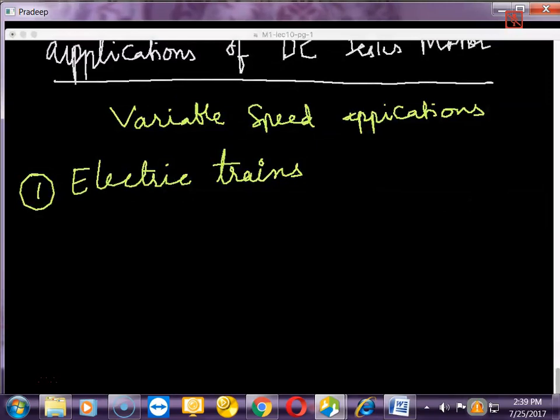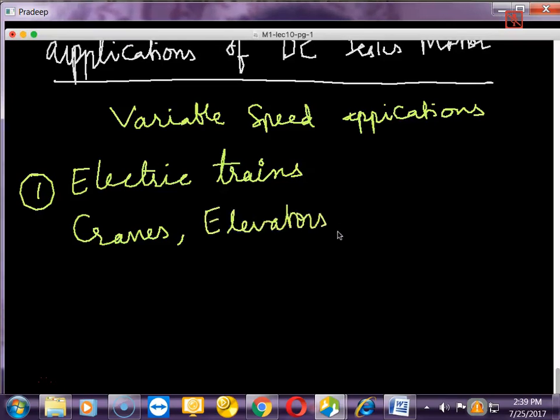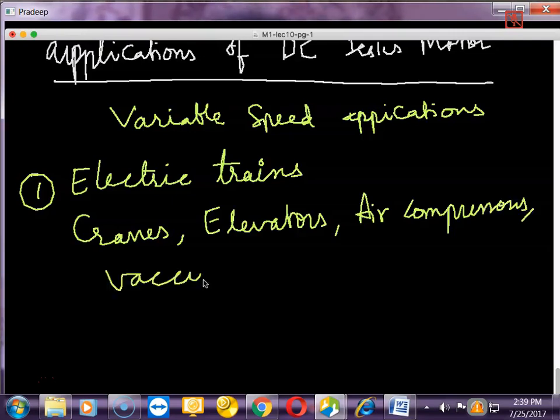Similar to that, in any application where variable speed is required, we can use this motor. For example, cranes, elevators, miners, in fact your grinders.